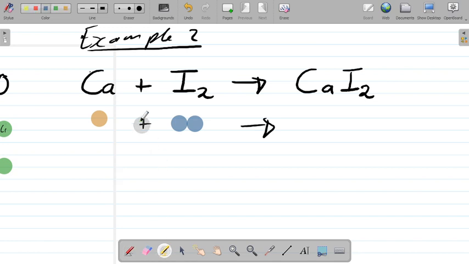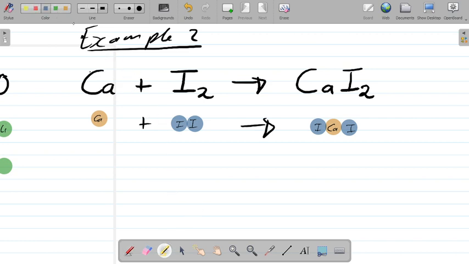And then on the other side, we have calcium bonded to 2 iodines. 1, 2, right? Simple enough, right? So if you are still lost a bit, that's calcium, iodine, and then iodine, and 1 calcium. That is that. So let's balance it.